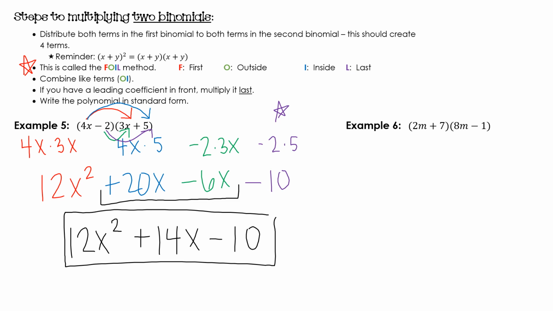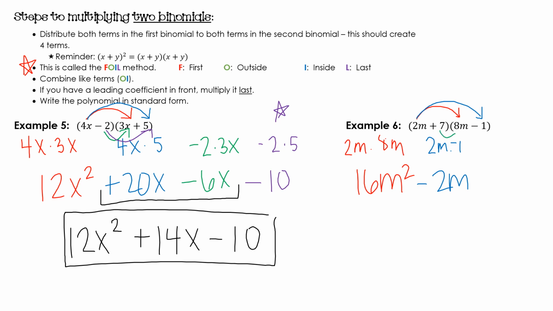So for example 6, we're going to approach it the exact same way with the FOIL method. So I would start by multiplying 2 times 8. So 2m times 8m would give me 16 and then m squared. Then the outside terms would be 2m times -1, so -2m.